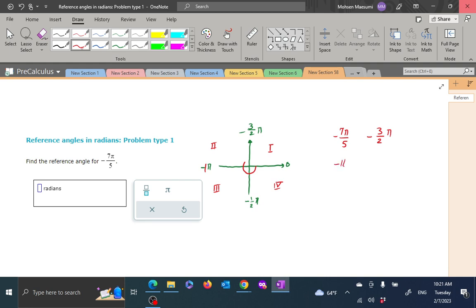This becomes minus 14 pi, and then this becomes minus 15 pi, right? So 14 is short of 15, so I'm stopping here. I'm stopping in the second quadrant. This is minus 7 pi over 5.